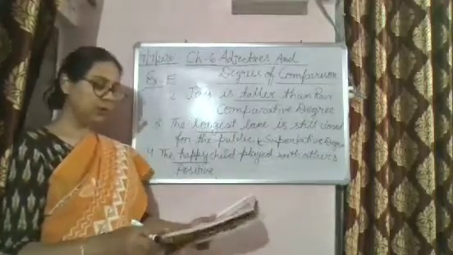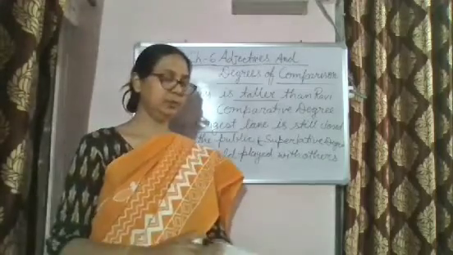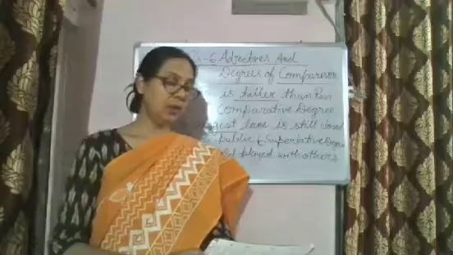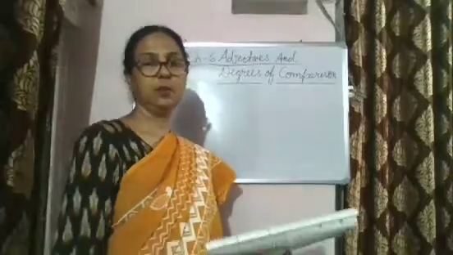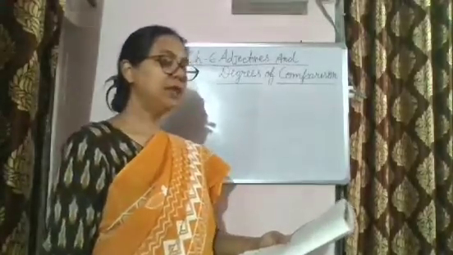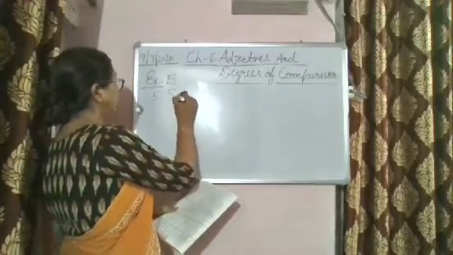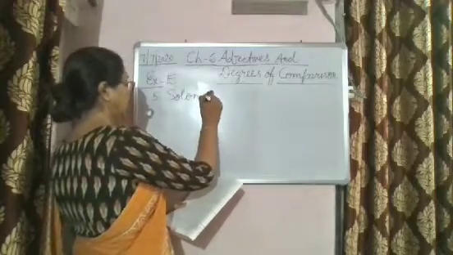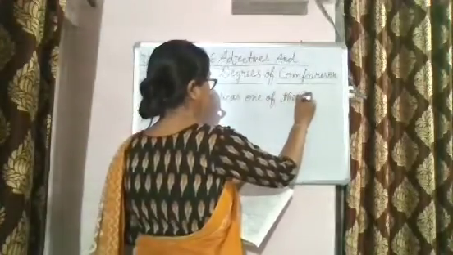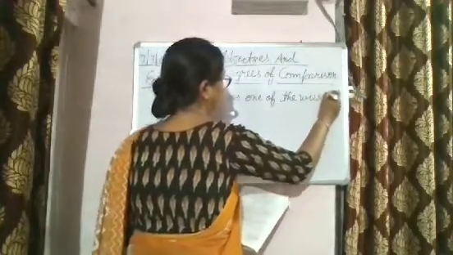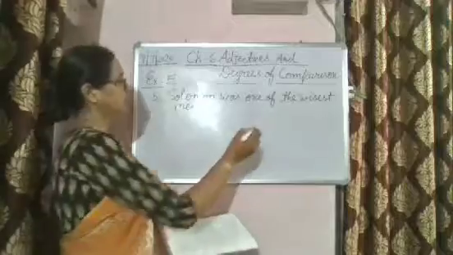Now let's move, turn over the page, page number 34. And we are going to solve from exercise number 5. Solomon was one of the wisest men. Wisest.